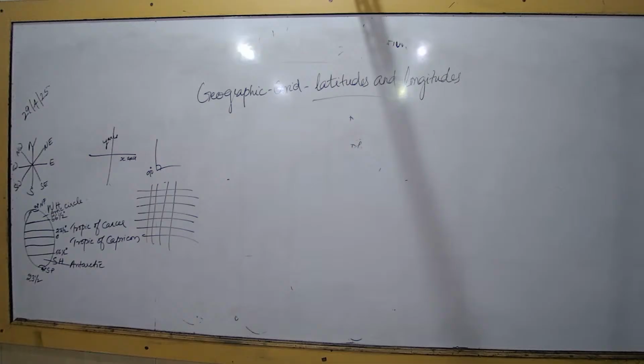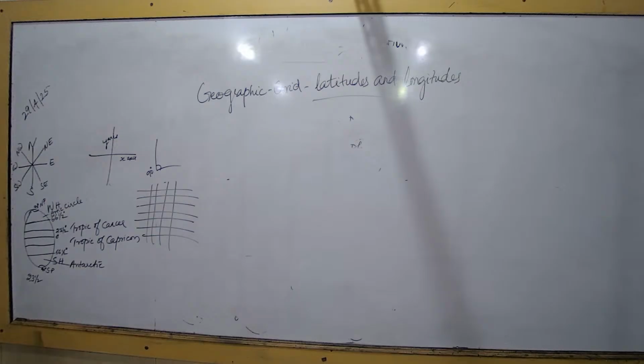Then, the lines of latitude are not of equal length and become smaller as we move towards the poles. At a 60-degree latitude in each hemisphere, the length of the circle is half the length of the equator. Got it? Now the main latitudes. This also I have told you. How many parallels of latitudes are there? 181. So each forming 1 degree.